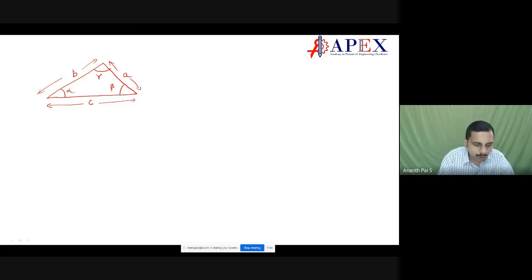If you want to find B, B square can always be written as A square plus C square minus 2AC cos beta. Very important to remember, this may be handy in a number of written tests.